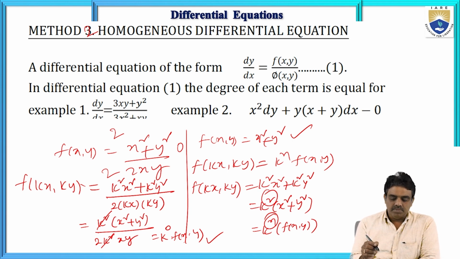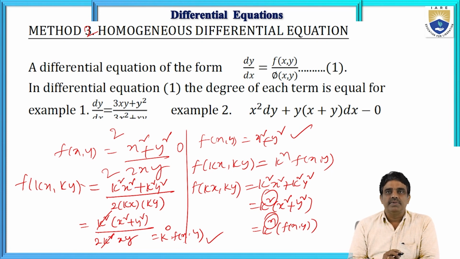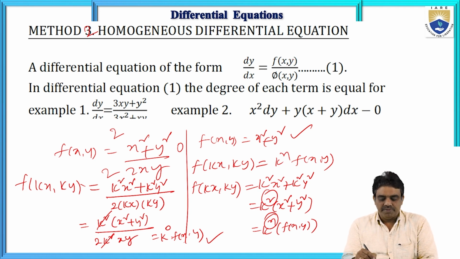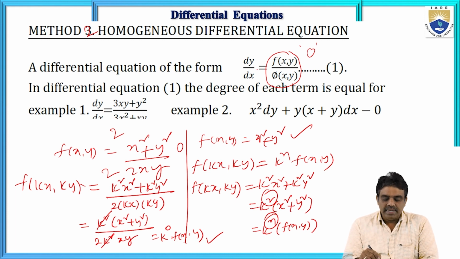So if each term of the given differential equation has the same degree, then it is a homogeneous differential equation. Or I can say that if dy by dx is equal to f of x, y by phi of x, y, and it is a homogeneous function of degree 0, then it is a homogeneous differential equation.